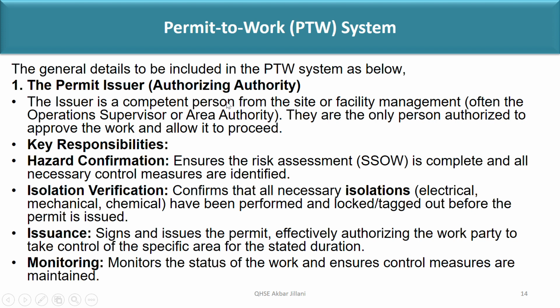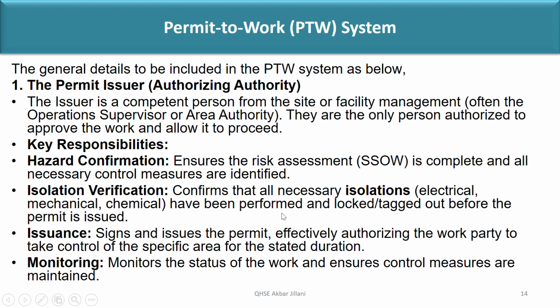The issuer is a competent person from the site or facility management, often the operations supervisor or area authority. They are the only person authorized to approve the work and allow it to proceed. Key responsibilities: hazard confirmation, ensure the risk assessment and SSOW are complete and all necessary control measures are identified.